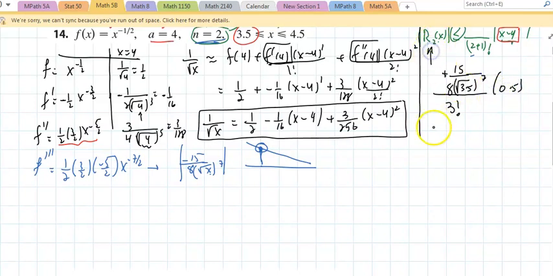That's what the remainder is going to be, less than or equal. And you throw this in a calculator, and whatever that gives me, that turns out to be small. So if you use the second degree polynomial to approximate 1 over square root of x, your answer is going to be accurate to 3 decimal places. And that's all you need.